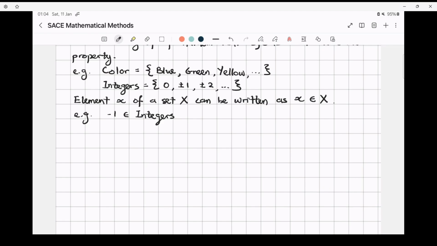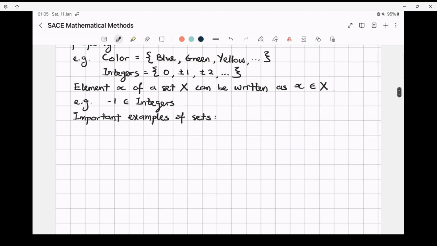So what are the important examples of sets? This will be useful when you go through the Mathematical Methods course. Before this, we described the set of all integers by the name integers.